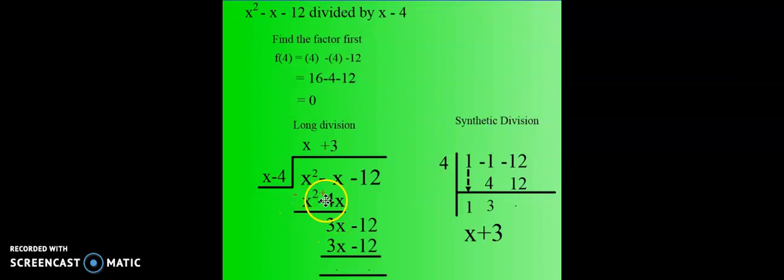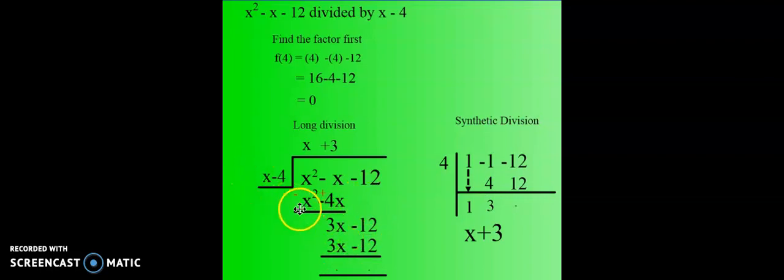When I subtract, then I must change the signs. X squared minus x squared is 0. Negative x plus 4x gives me positive 3x. Now I bring the negative 12 down.